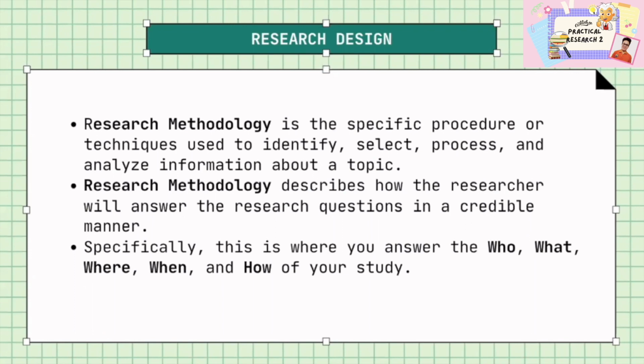Also, it describes how the researcher will answer the research questions in a credible manner. Therefore, we could say that research methodology is where your answers to the who, what, where, when, and how of your study can be found.